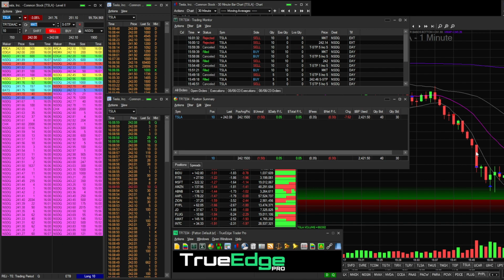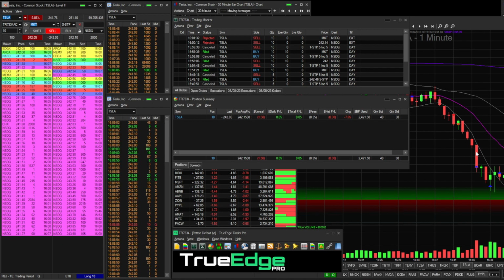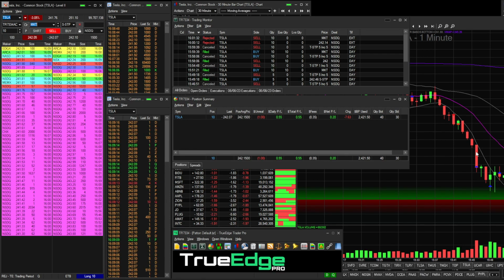But when you're dealing with very liquid stocks like Apple or Microsoft, most likely you're going to get executed at exactly the price you chose. But if you're dealing with less liquid stocks, like maybe Baidu or Airbnb or Zion Bank, there's a good chance you will get filled at a price that's slightly less favorable than what you wanted.